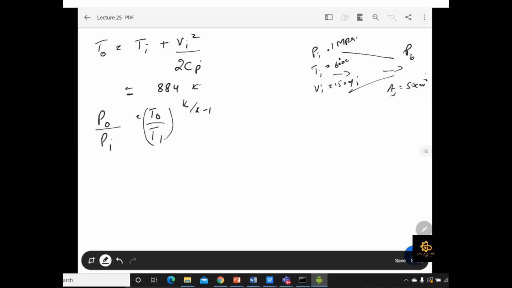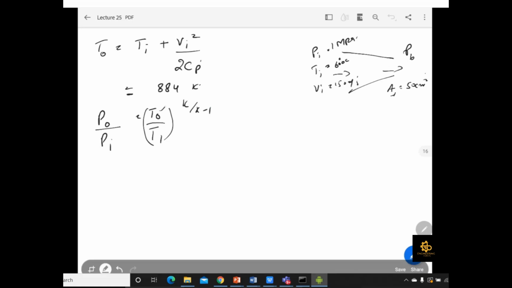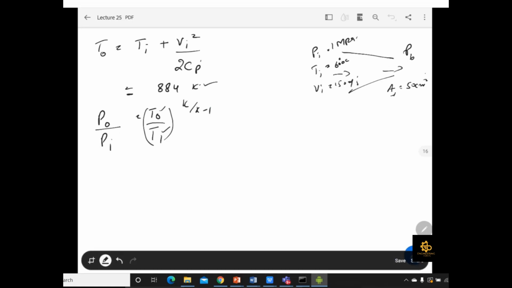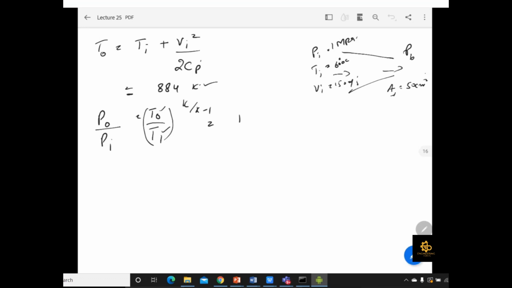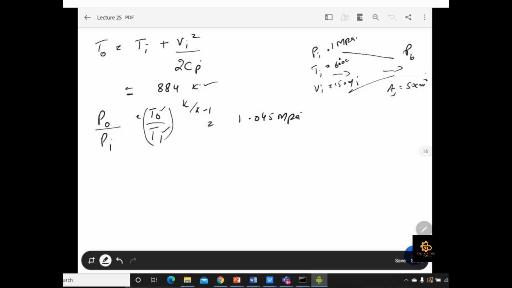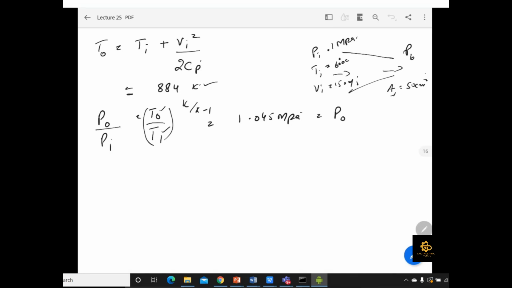You have the value of T naught from the above part, Ti is mentioned in the question, and Pi is also mentioned in the question. So you can simply find the value of P naught by using this equation, which is equal to 1.045 megapascal. Now we have the stagnation properties, both T naught and P naught.